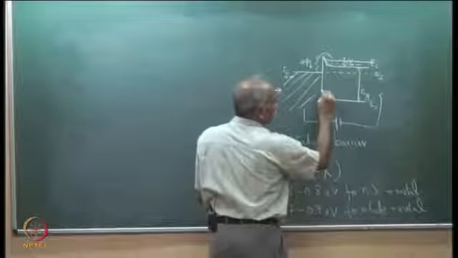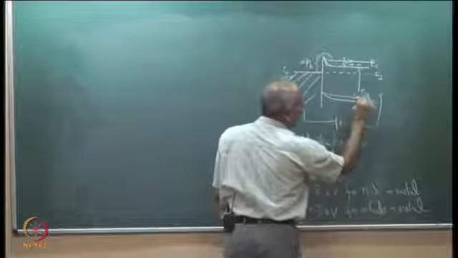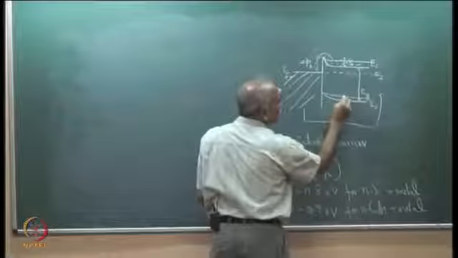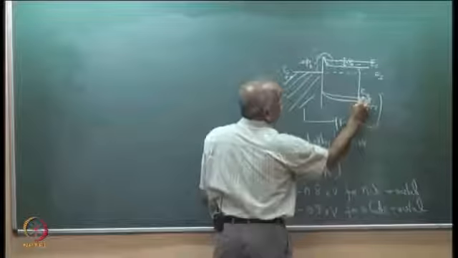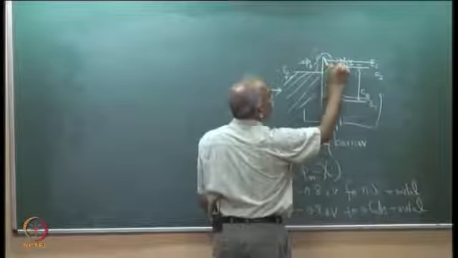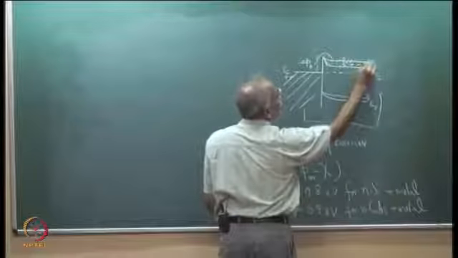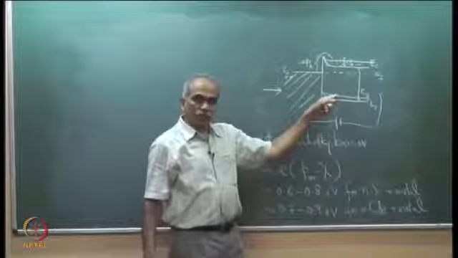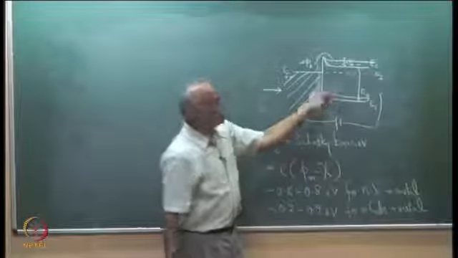When I forward bias, the new level is here. Let me show it slightly differently to distinguish. Let me draw. After forward biasing, the band looks like this. The upper one is after forward biasing. So what has happened?